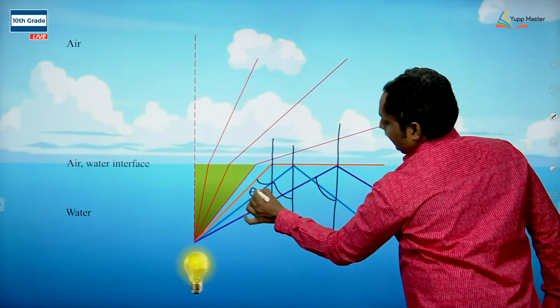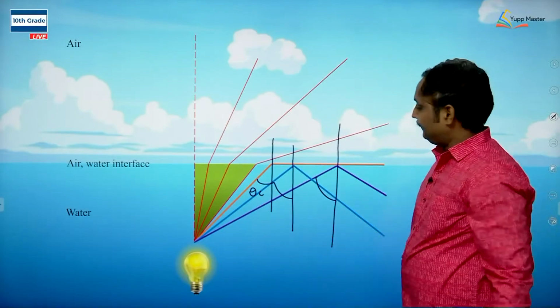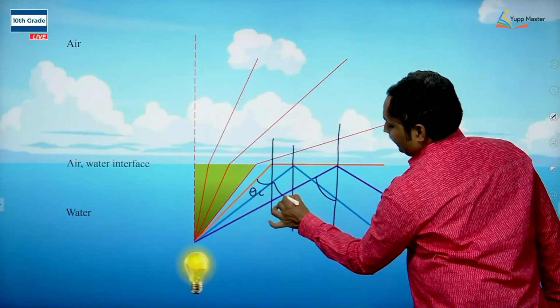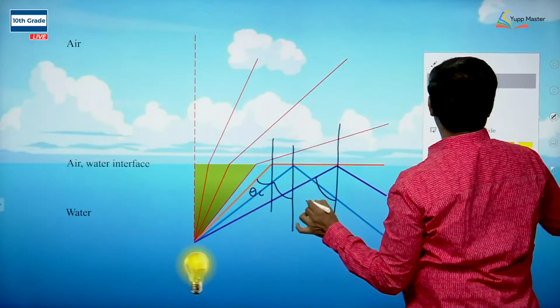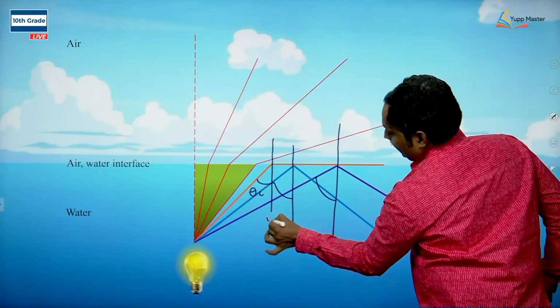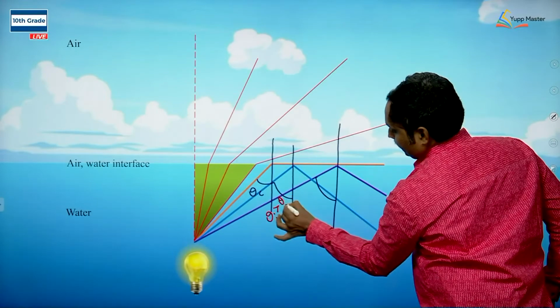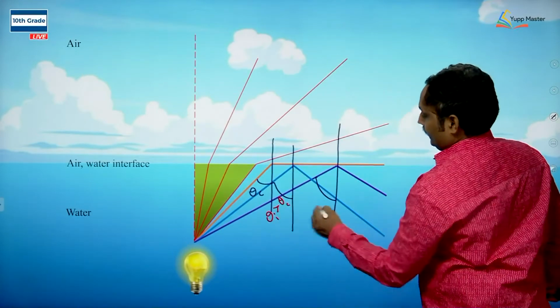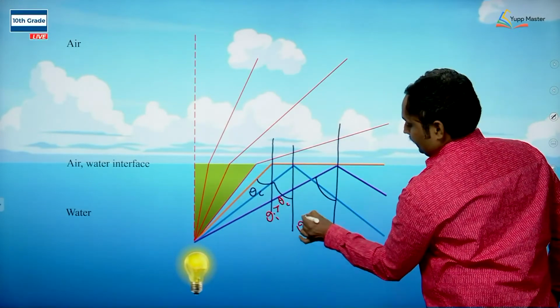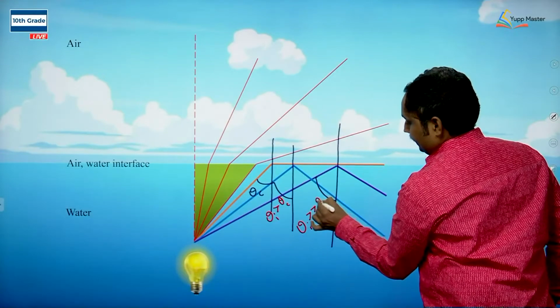Here the angle of incidence is the critical angle. Here the angle of incidence theta I is greater than theta C. Theta I is much greater than theta C.